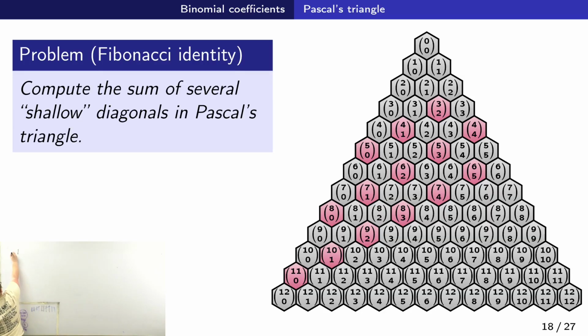1, 1, 1, 1, 2, 1, 1, 3, 3, 1. We gotta get in the rhythm. 1, 4, 6, 4, 1, 1, 5, 10, 10, 5, 1, 1, 6, 15, 20, 15, 6, 1.